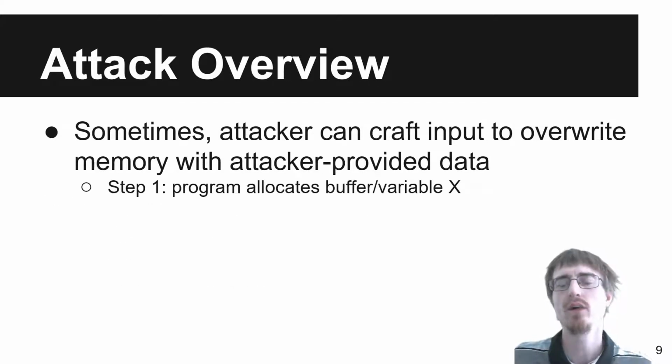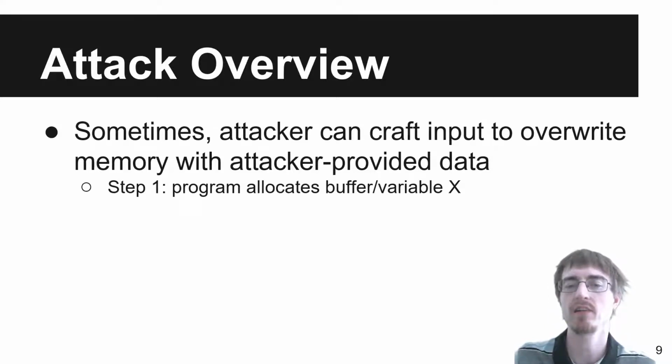Now let's go through the steps of a typical attack against the use after free vulnerability. We assume that the attacker is able to craft some input to override memory with attacker provided data. How does the attacker actually achieve this? First step, the program allocates the buffer to be used as a target.